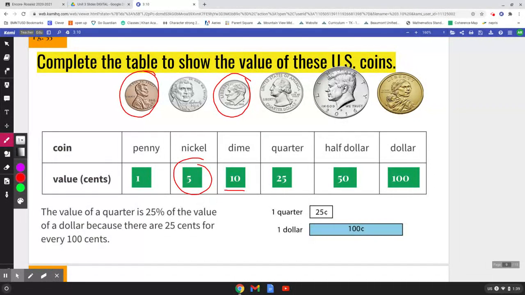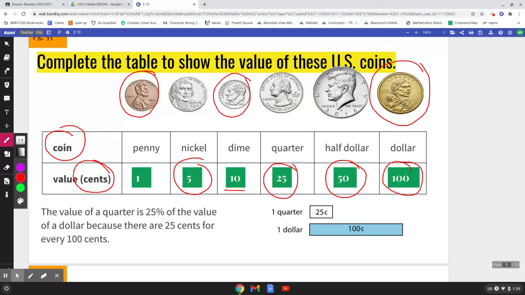It's worth 10 cents. A quarter is worth 25 cents. Half a dollar, they're not as common, but they do have them. That's 50 cents. And then a dollar, we already said, is 100 cents. And that is actually what a dollar coin looks like. So you have your coin, and then you have your value in cents.